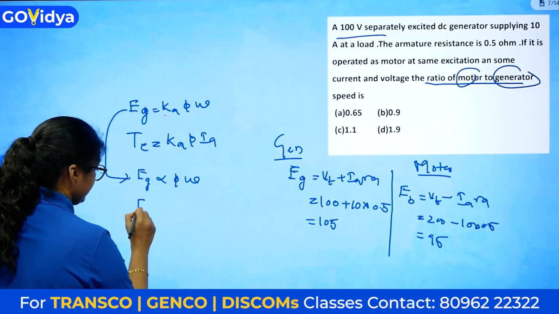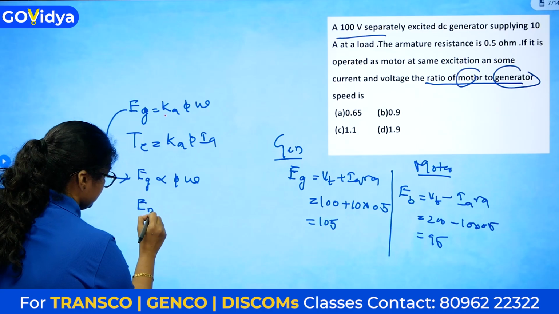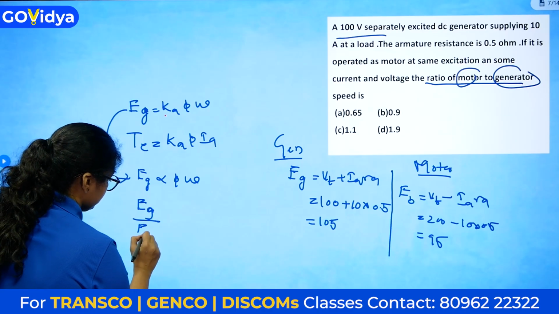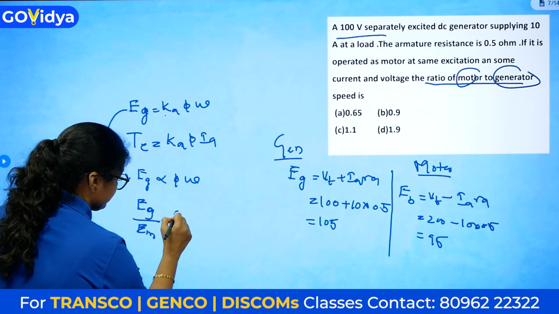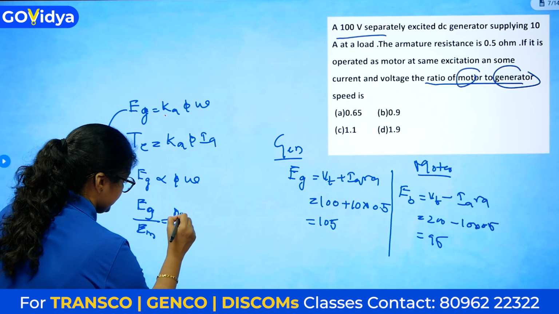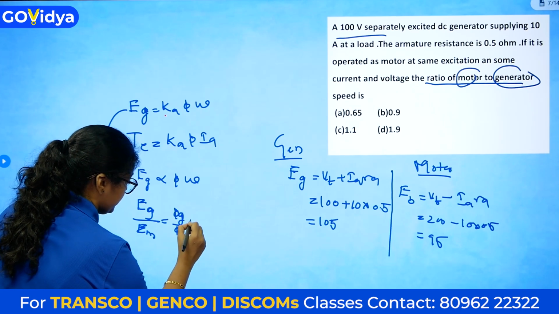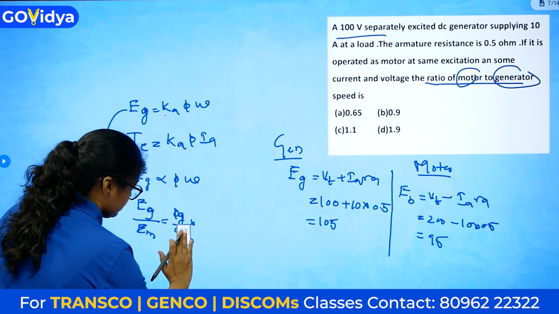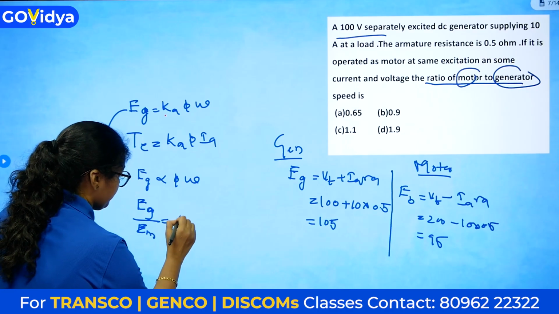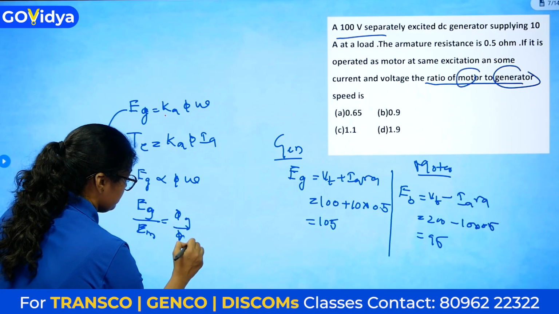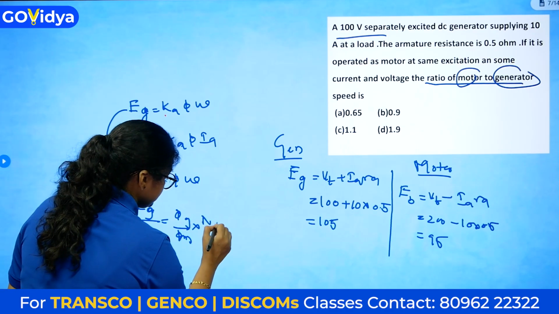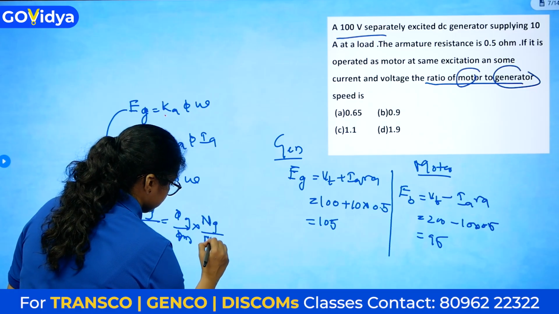So from this, can I write EG by EM is phi generated by phi motor into N generator by N motor.